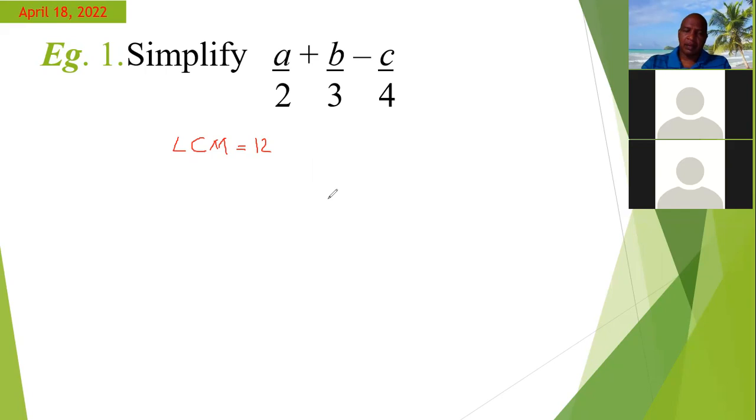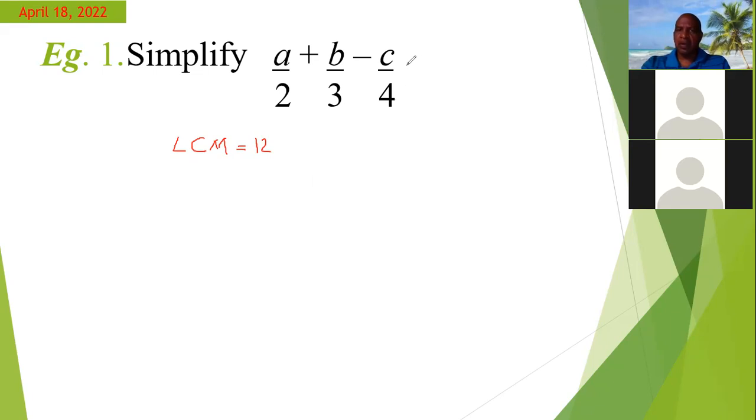Divide in the number. All right, so what we really want is to write these fractions so that their denominators now become the LCM. Now we can do this one out of two ways. I'm going to show you different ways.